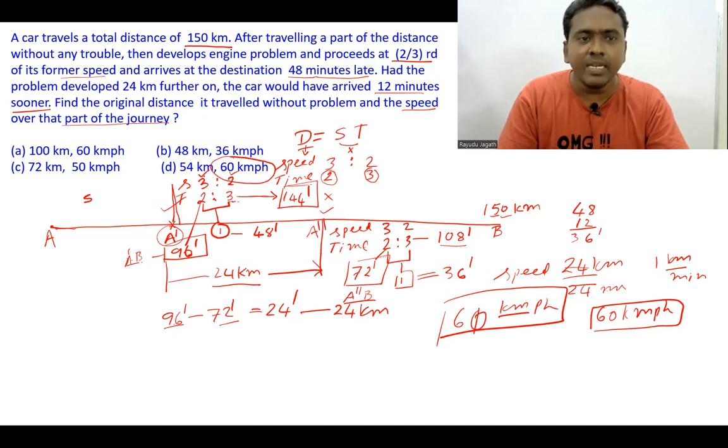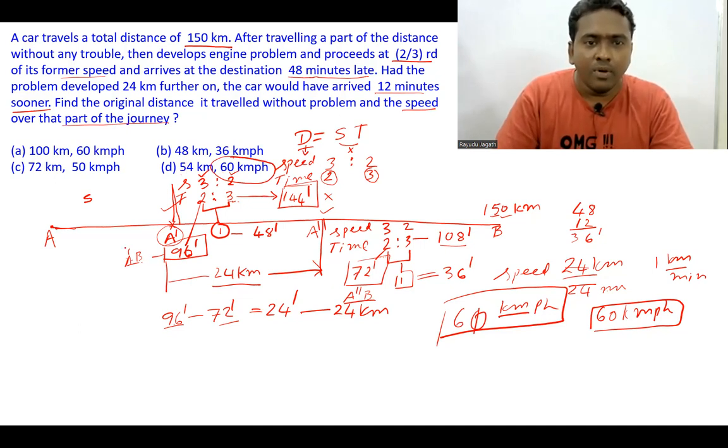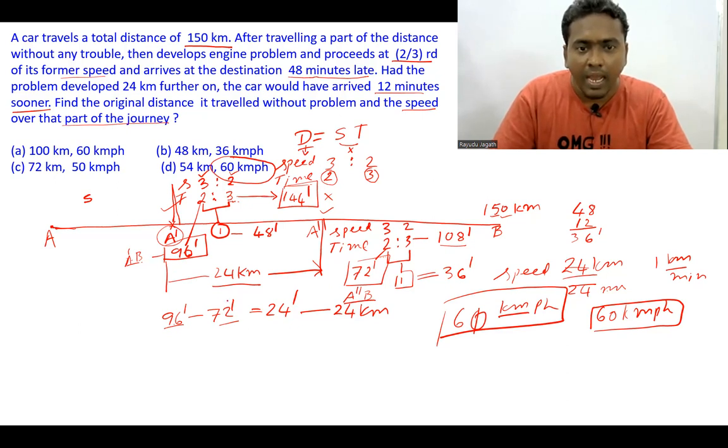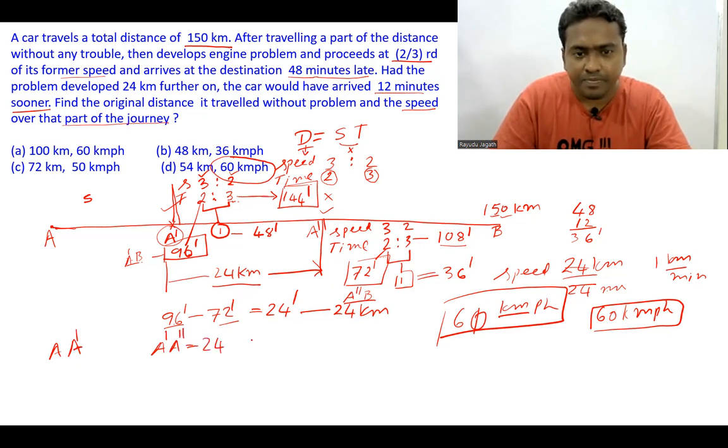But for justification, I do the first part also. So A dash has to be found. A double dash is equal to 24 kilometers, and A double dash to B is covered in 72 minutes.